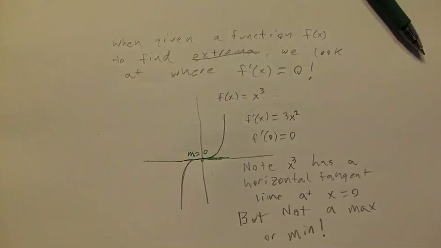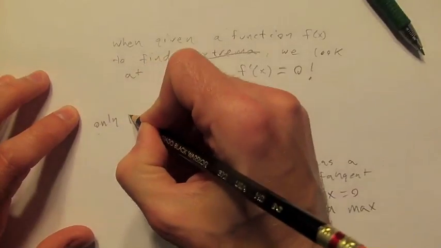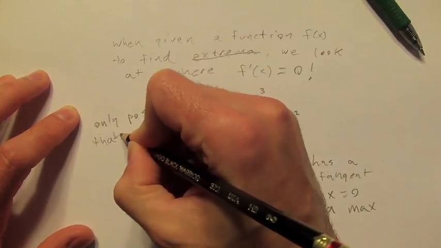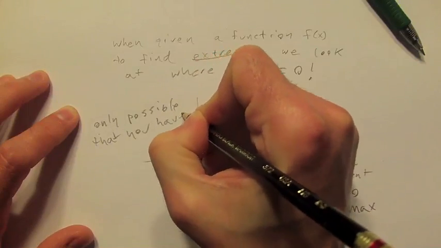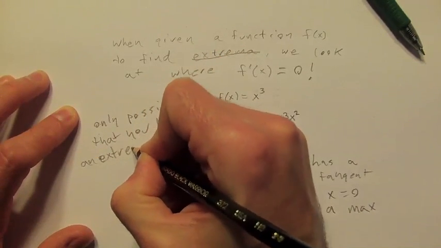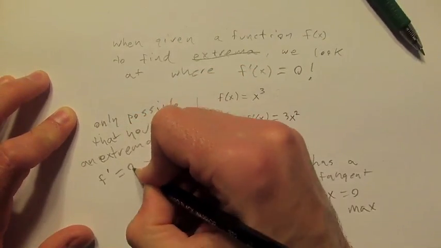So just because the derivative is 0 does not automatically mean you have a max or min. It just means it's possible you have a max or a min there. So it's only possible that you have an extrema when f prime equals 0.